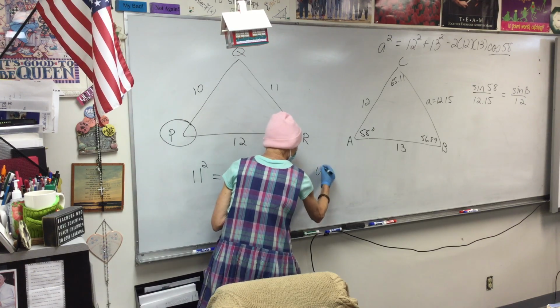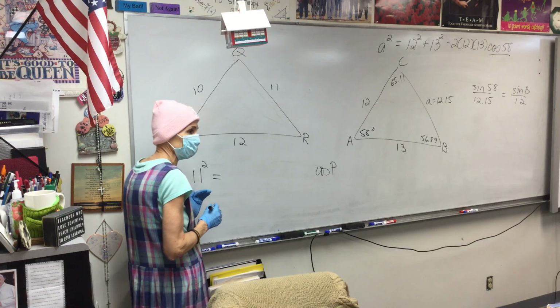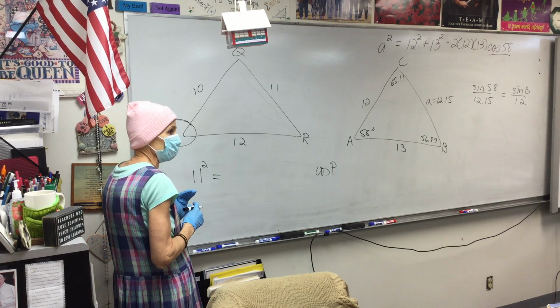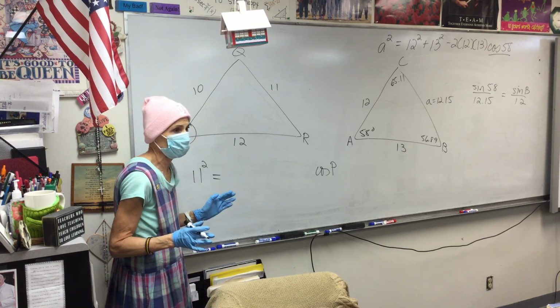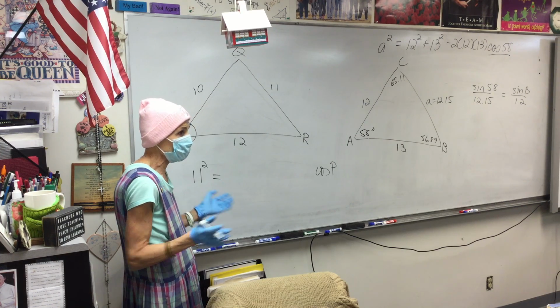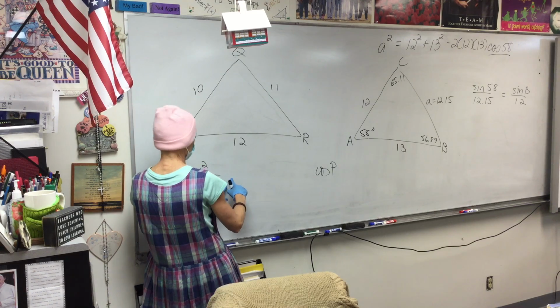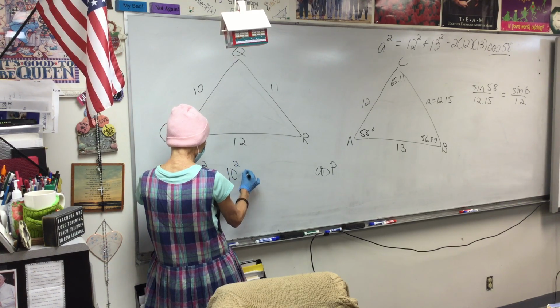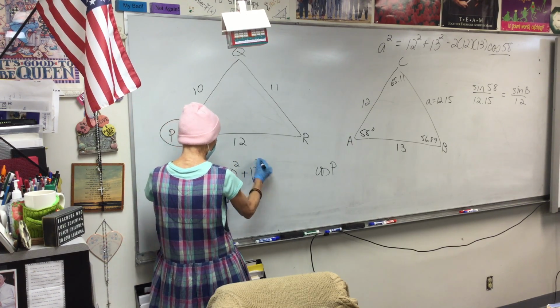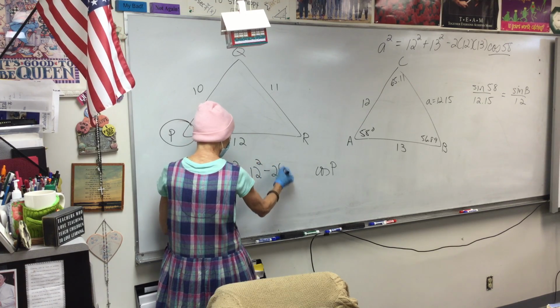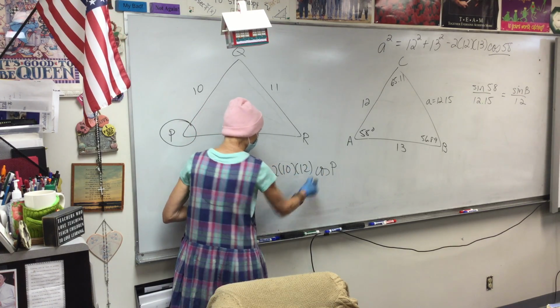And then out here is going to be cosine P, right? Now there's nothing special about P except Dan picked it. We could be doing this with R or Q, it doesn't matter. Alright, what's going to go here then? 10 squared plus 12 squared minus 2, 10, 12.